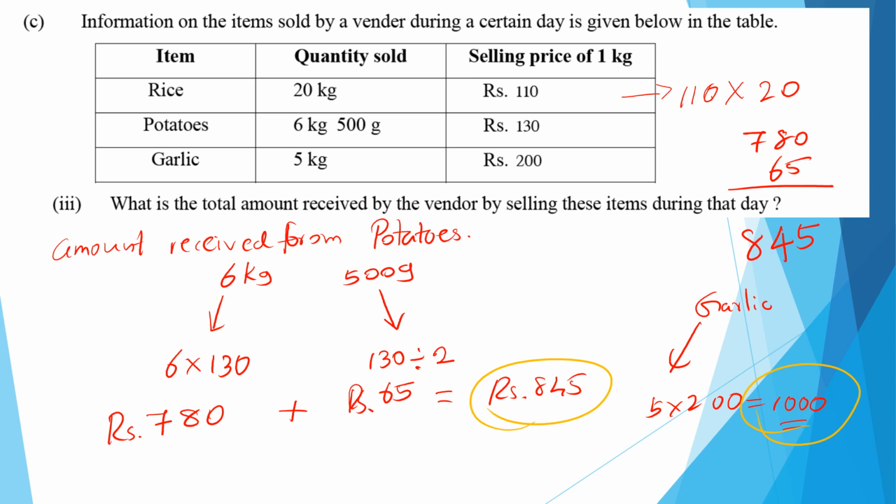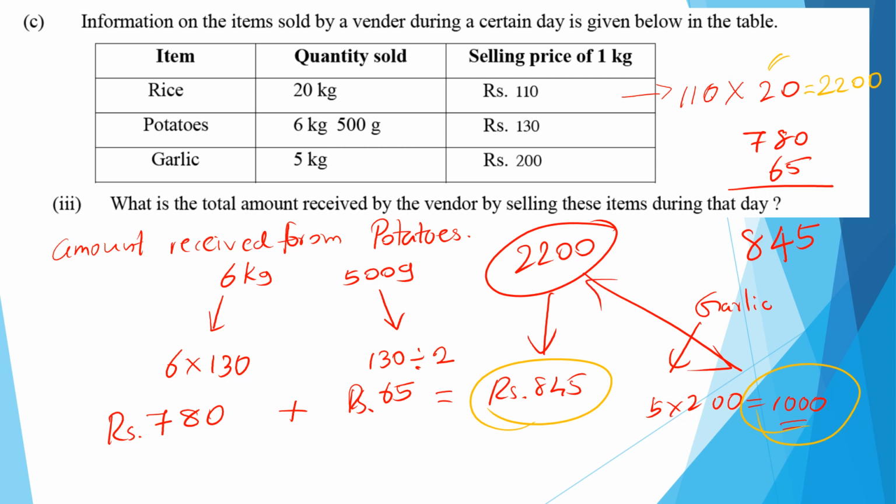In this case, you may get 2,200 rupees from rice, right? So you have to add these three together, and you will get the answer, right?